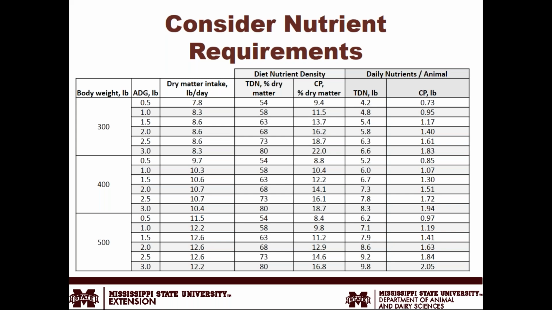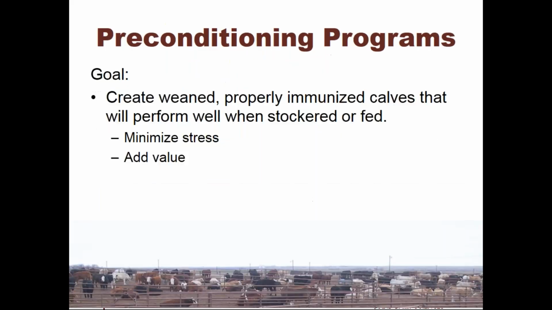So pounds of protein, pounds of energy that calf needs to eat per day to gain anywhere from a half a pound to 3 pounds. So if we've got a 500-pound steer and we want him to gain 3 pounds a day during that backgrounding period, he needs to eat 2 pounds of protein per day and almost 10 pounds of energy per day, 10 pounds TDN per day.